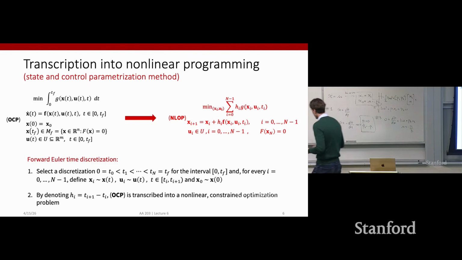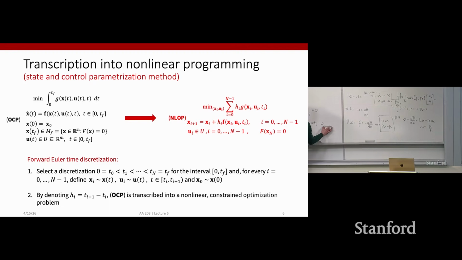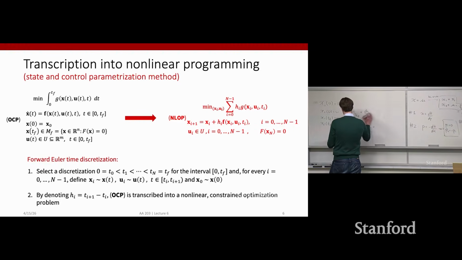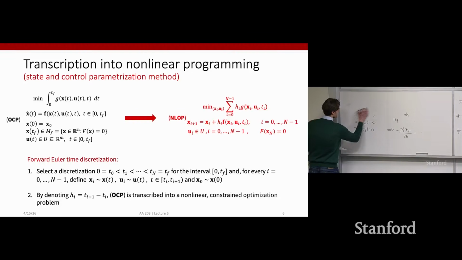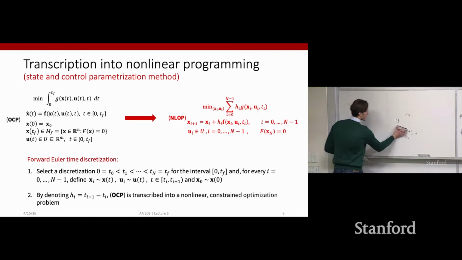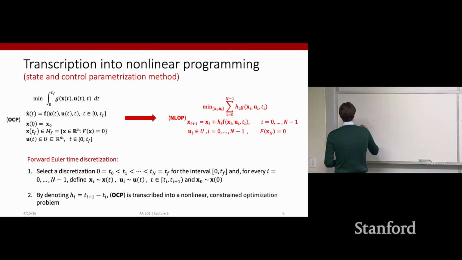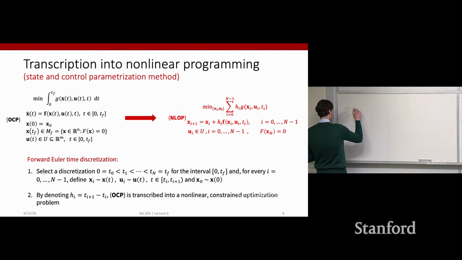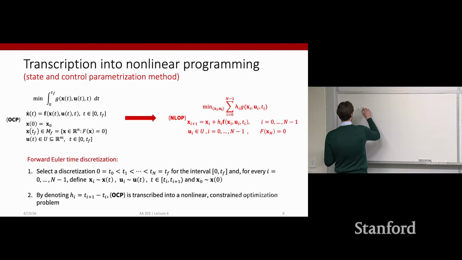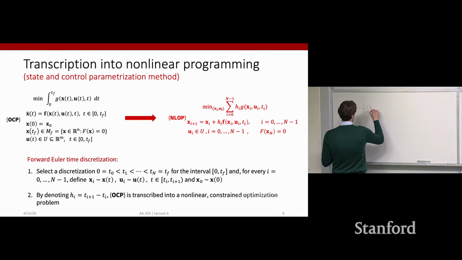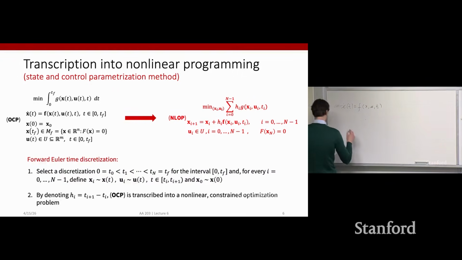The other thing that we need to do is essentially use Euler integration to integrate the dynamics. Remember that the dynamics are x dot of t equals f of x, u, t. Now we can approximate this as x of t plus delta t minus x of t over delta t.